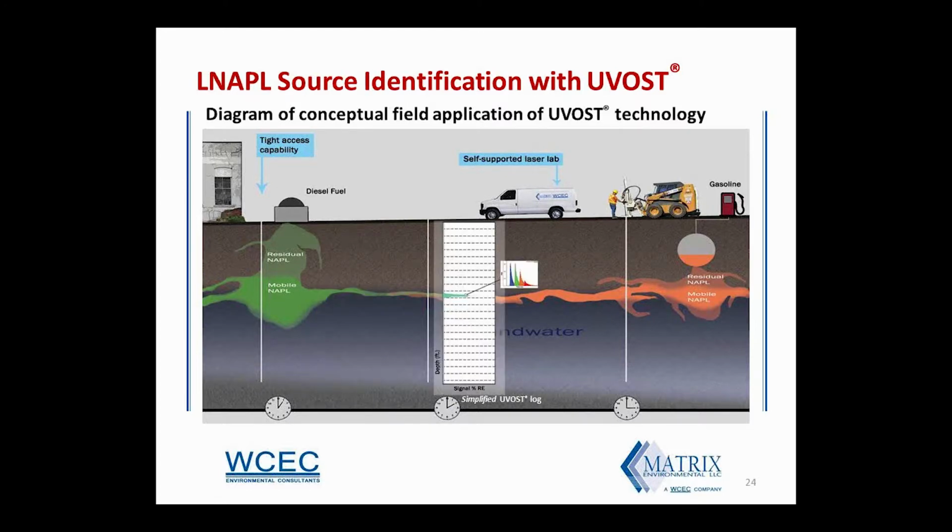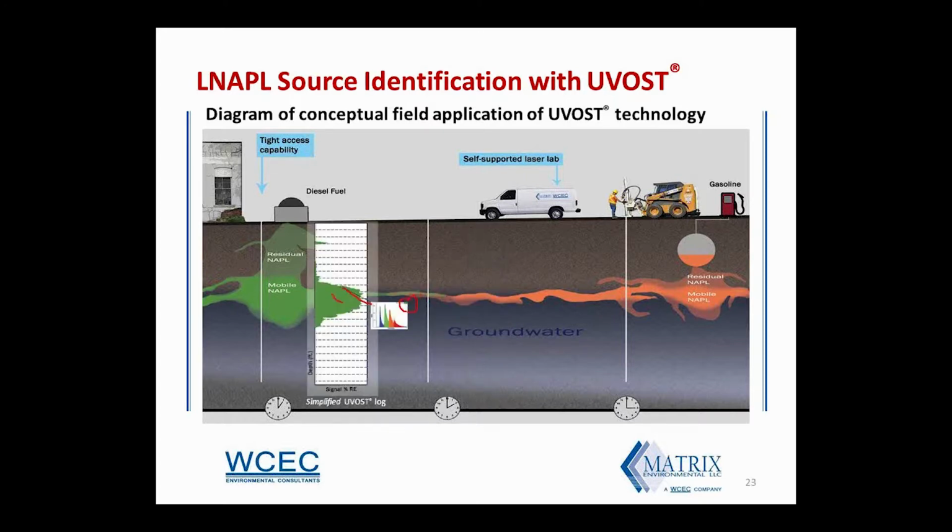Here, this is intended to be kind of a commingled area between the gasoline LNAPL plume on the right and diesel on the left. And so again, we have a pretty thin zone of NAPL here that's represented here by that hit. And if you're really watching closely, you can notice there's a little bit of a change in these waveforms.